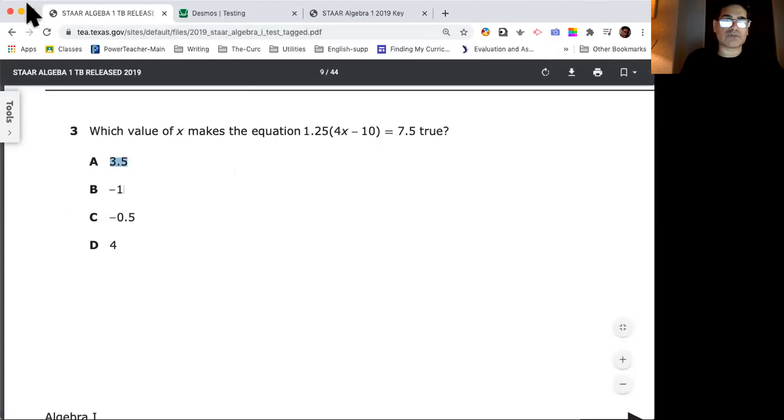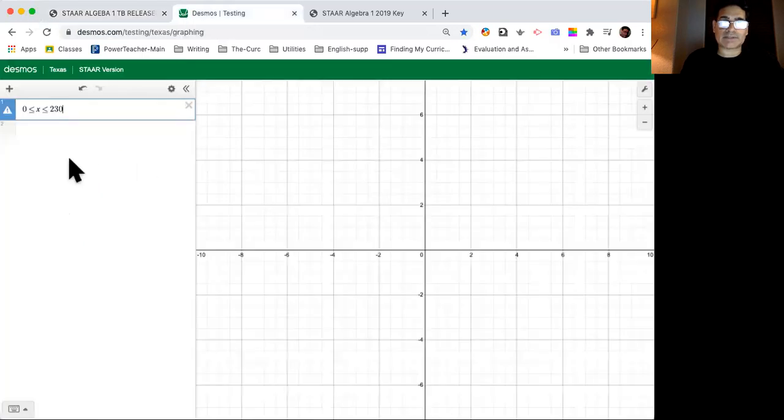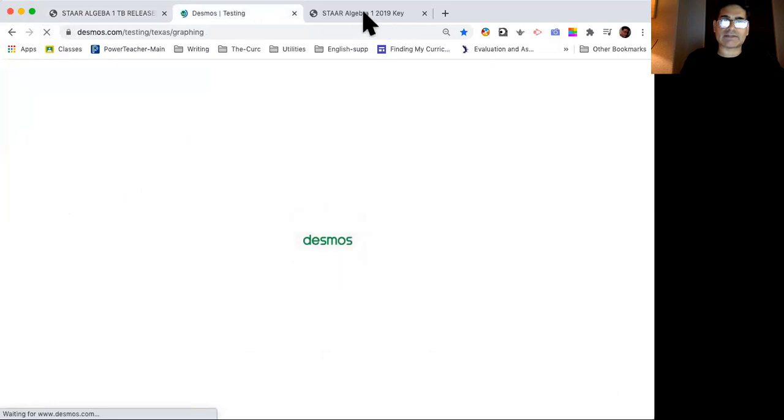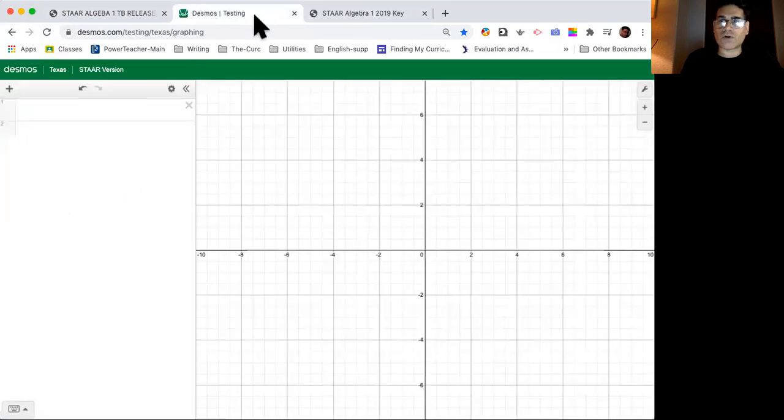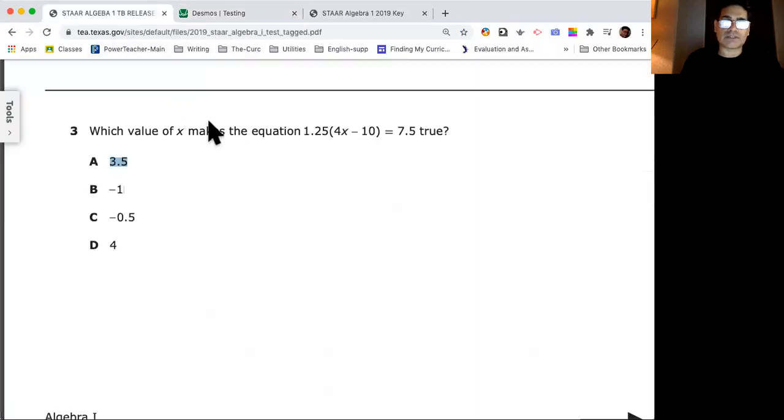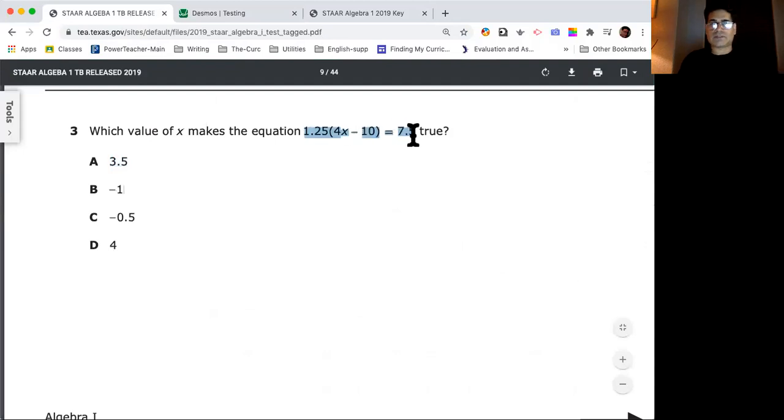Let's go to Desmos. Something we should learn is that, as we stated before, certain functions are turned off. One of them is plotting equations such as that. So let's try that.